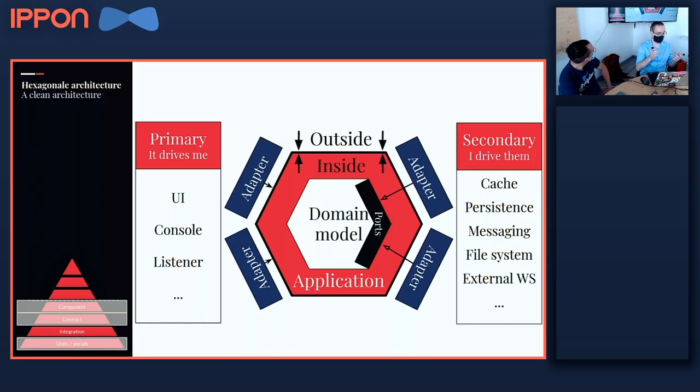Interfaces can be APIs, REST APIs or stuff like that. They can be listeners of events, they drive me. They can be console clients. I can have a console client if I want to. Primary, left, drives me. Secondary, right, I drive them.